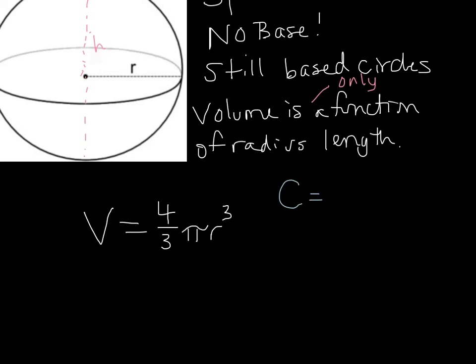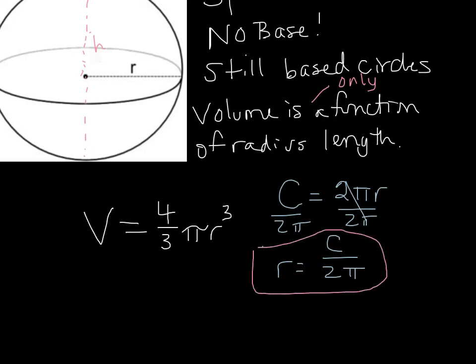We had said on the previous page that the circumference is 2 pi r. And circumference is outside measurement, the measurement of the perimeter of a circle. So we can actually solve this for r by dividing each side by 2 pi. Those cancel on that side, and you get that r is the ratio of the circumference to 2 pi. And that is a very usable piece of information because I can find the circumference of a sphere.